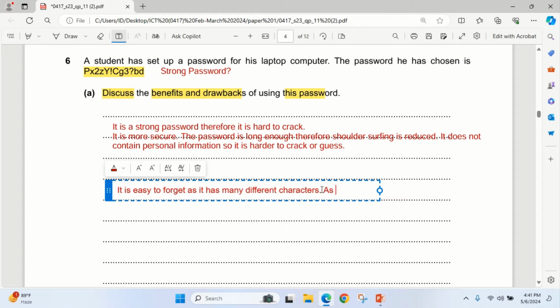So you could say as it is long and complex, it could be easily mistyped. That's very important. Then because it is a strong password and long, the user would have to look at the keyboard when entering the password, so thereby taking some time.